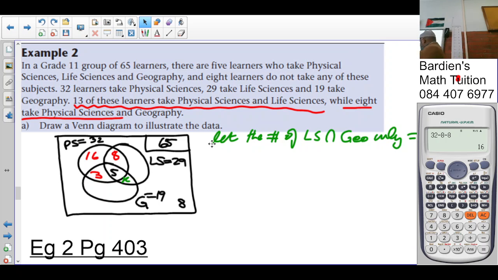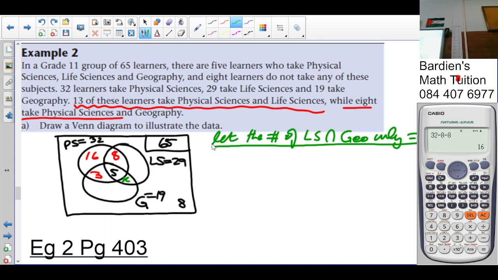So if that is x, people, then what would this here be? That unknown is equal to 19 minus, remember all this adds up to 19. So that unknown there is equal to 19 minus x minus 3 minus 5, which is 11 minus x. So that is going to be 11 minus x.